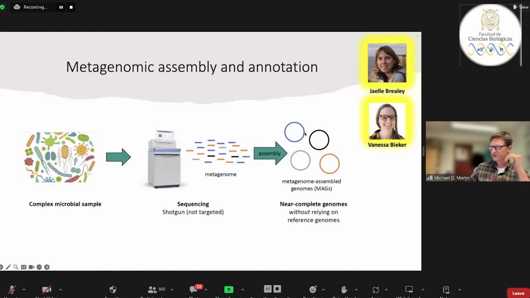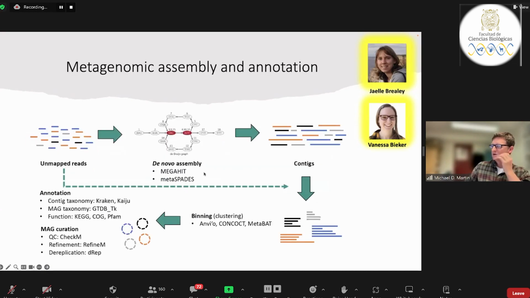And in the perfect case, we end up with a complete circular genome of all the bacteria, for example, or a complete genome of all the fungi that are present in this mixed environmental sample from the surface of the leaf. And you don't need a reference genome for that when it works.